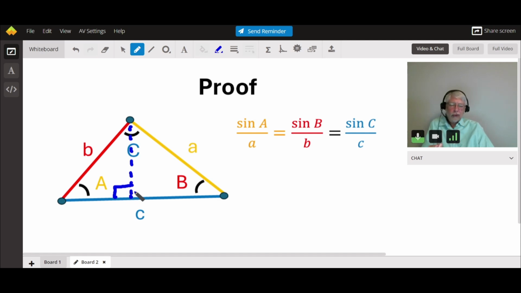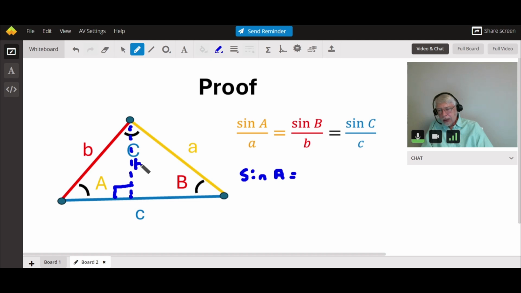Now, since we're using the law of sines, let me see if I can find the sine of something. Let's start with angle A. So I know the sine of A is equal to its opposite side of that right triangle.